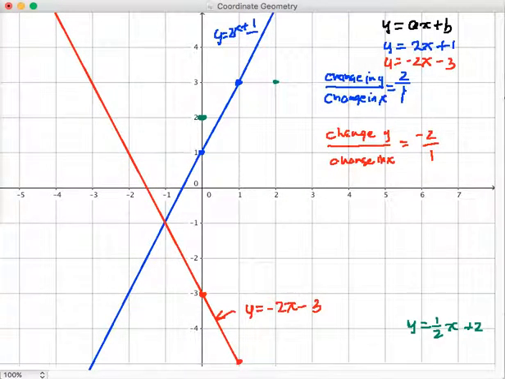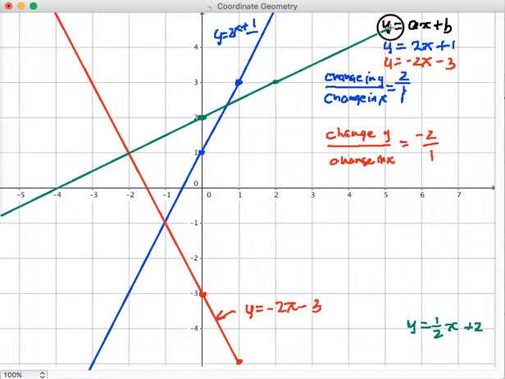So this is our line, or this is our graph for this equation.